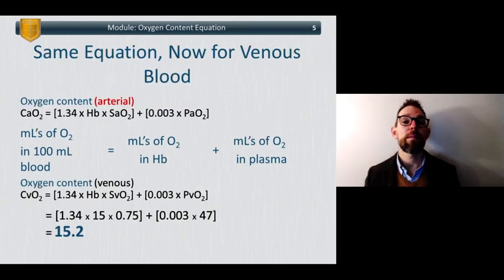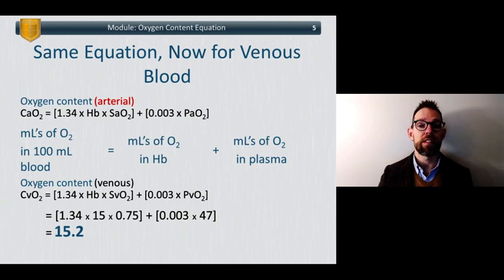So now let's think about what it looks like for venous blood. We know what the equation is for arterial blood, CaO2. Let's talk about CvO2. It's the exact same equation: 1.34 times hemoglobin times SvO2 instead of SaO2, plus 0.003 times PaO2.